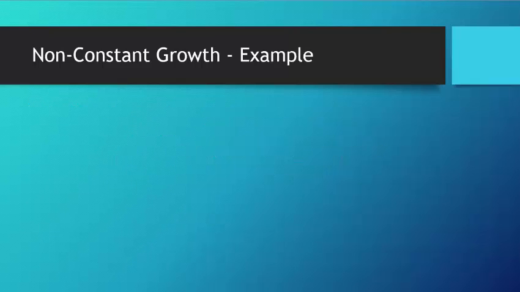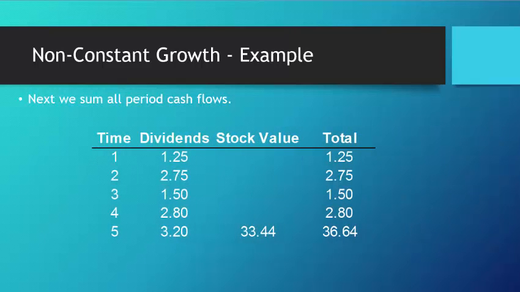Next, we're going to sum all the period cash flows in those 5 time periods, the 125 plus the stock value. Well, we're not doing that until time 5.